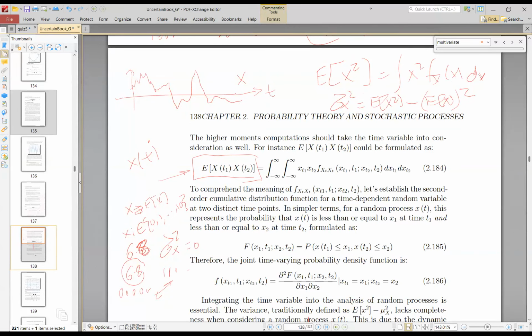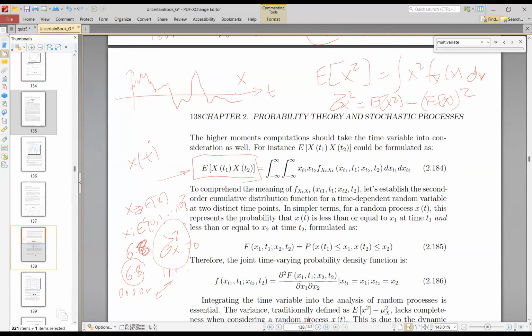Larger fluctuations mean larger variance in the marks. So sigma x squared is one measure for the fluctuations or the randomness in that random variable. This is in the random variable space.